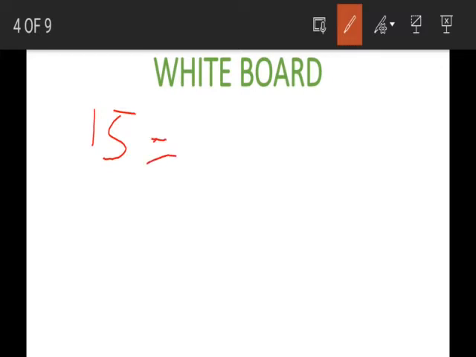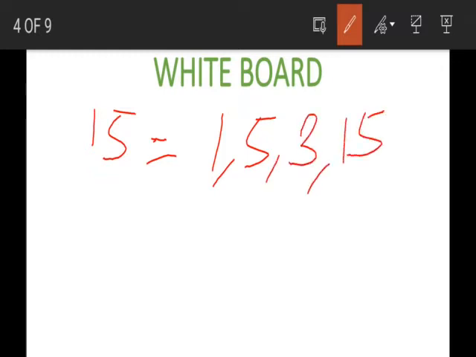We have 1 as a factor, we have 5 as a factor, we have 3 as a factor, and we have 15. Now, let's work with the factors 5 and 3, because we are working with 2 of the factors.